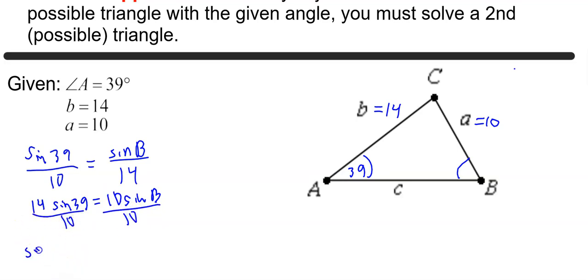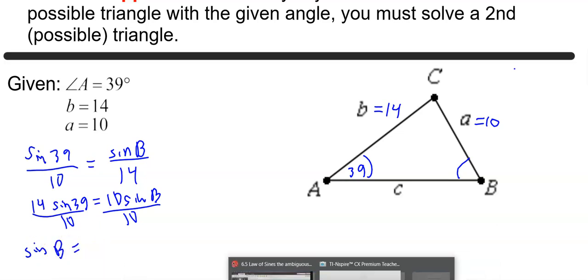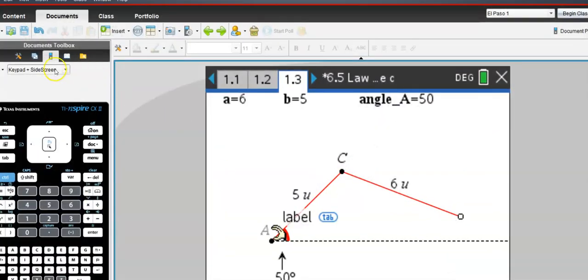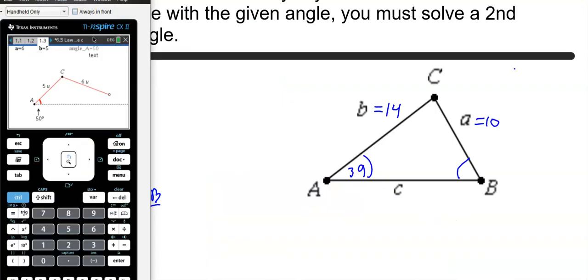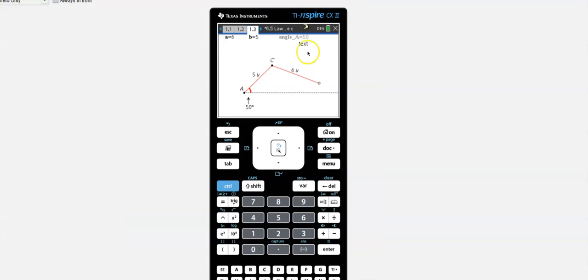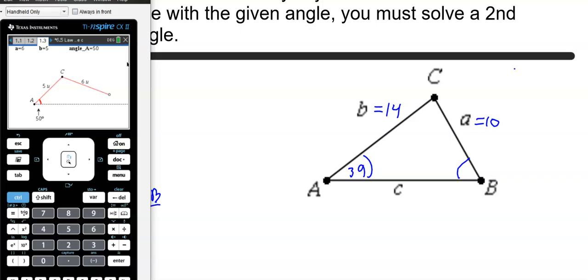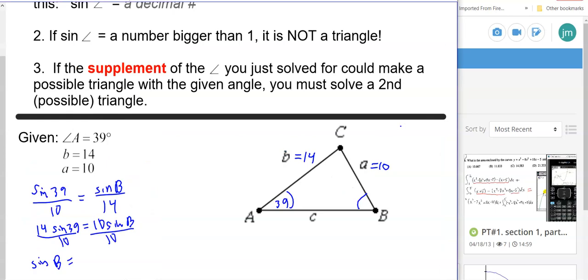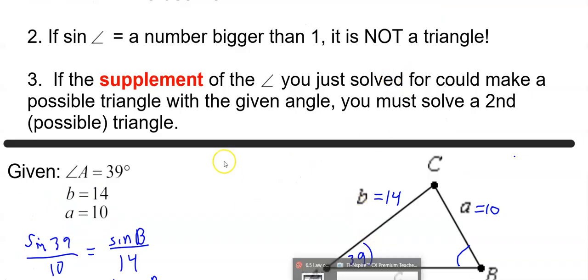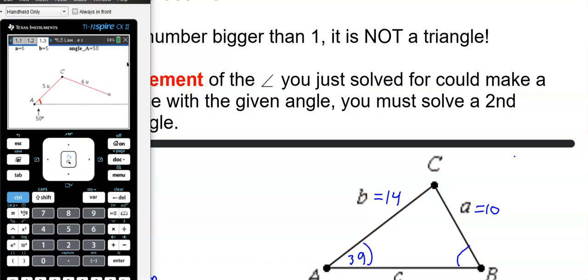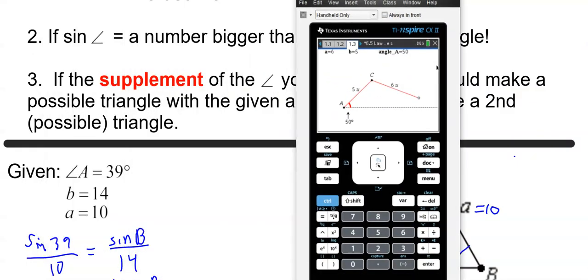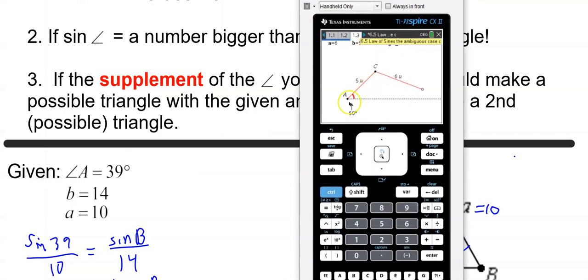We get sine of angle B equals, I'm going to get my calculator out. I am in radian mode, so I want to change it to degree mode.